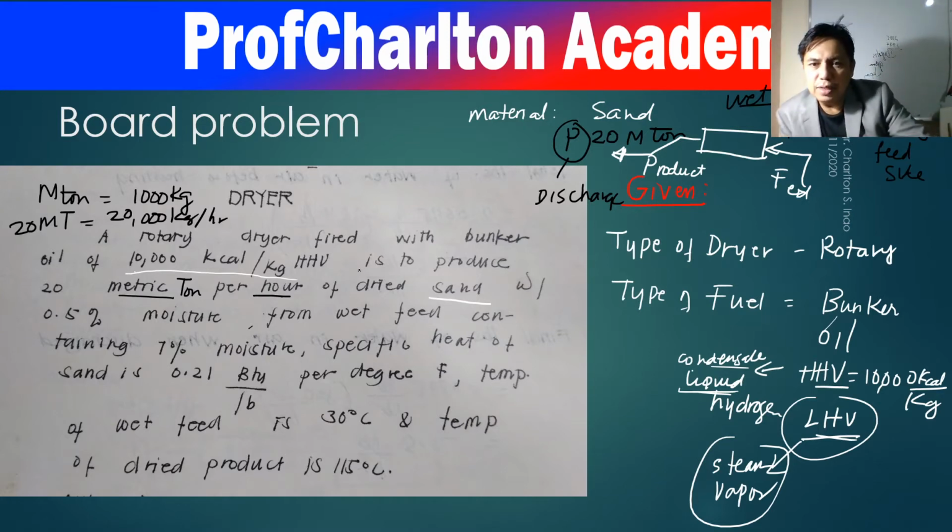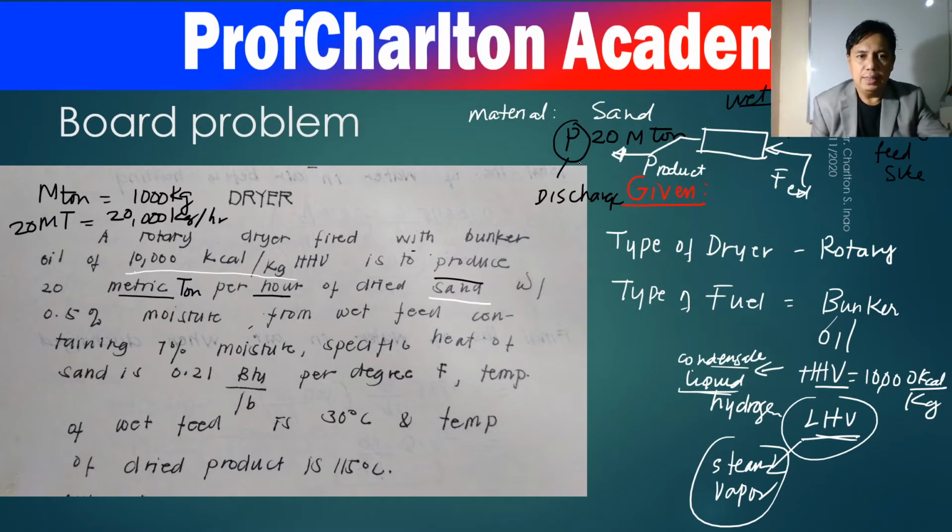Now we continue to dissect the known data with the 0.5% moisture. We are talking about the product, so we are on the side of the product here. When it was already dried, there's 0.5% moisture, so that is percent MP.